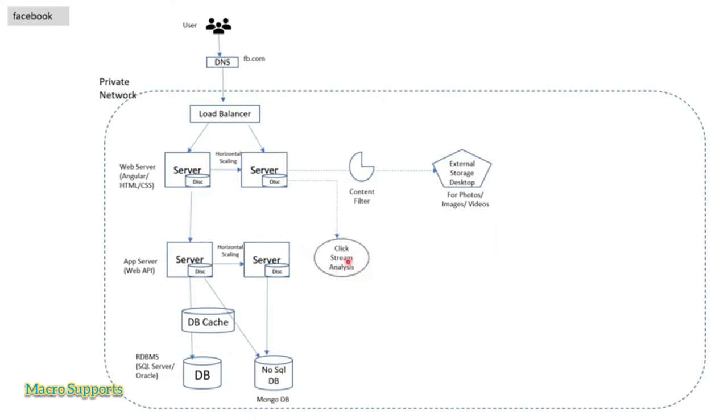It is used to capture your actions in Facebook. All these clicks and actions will be saved in some storage like this. And then with the help of a big data analytics platform like Hadoop, analysis will be done on a regular basis.